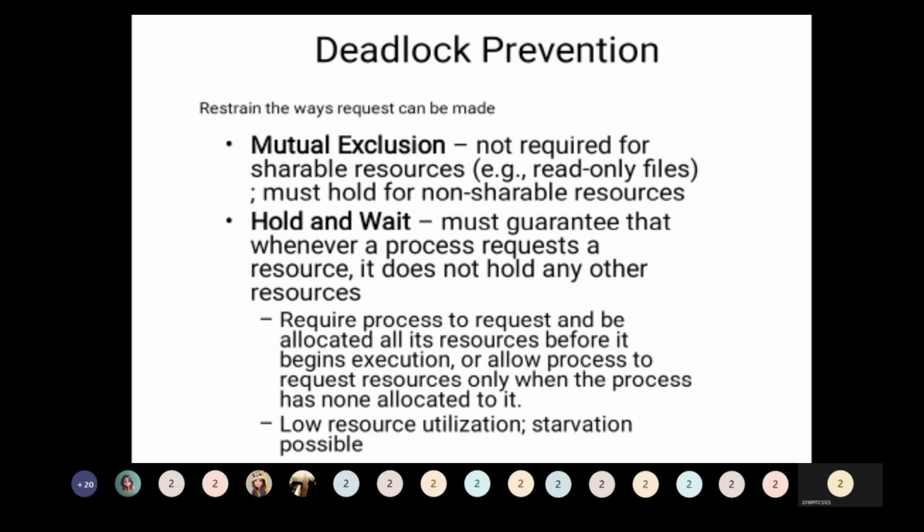Even though resources are available, they will not be given to the process until it gets all the other resources. So here it leads to a problem of effective resource utilization. To avoid deadlock, we are keeping the resources unutilized, so obviously our resource utilization will fall down.